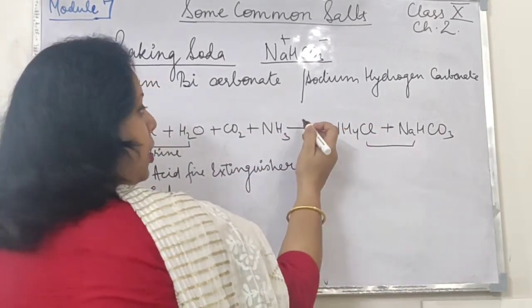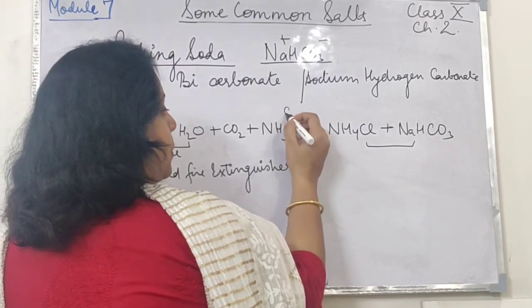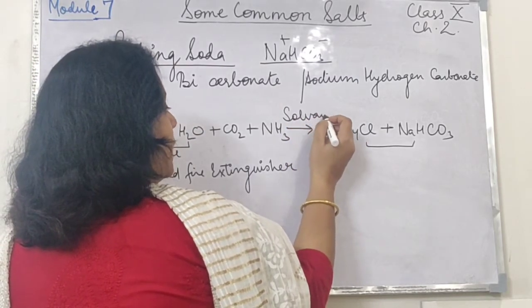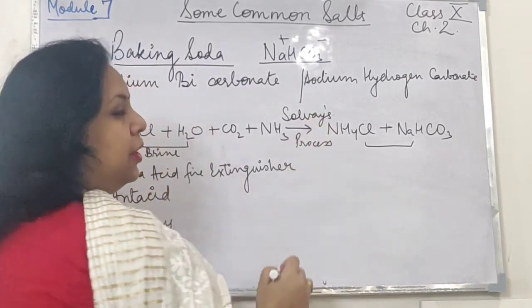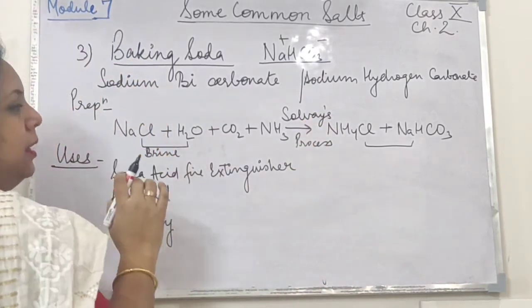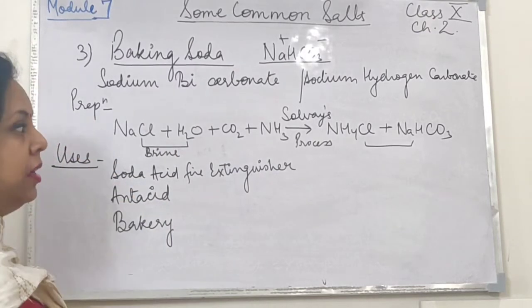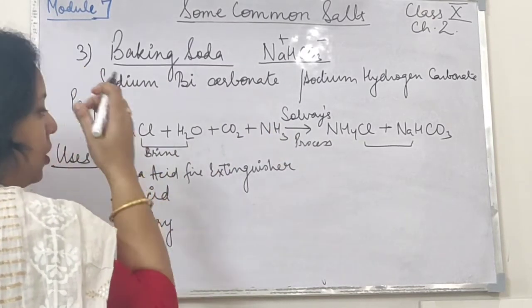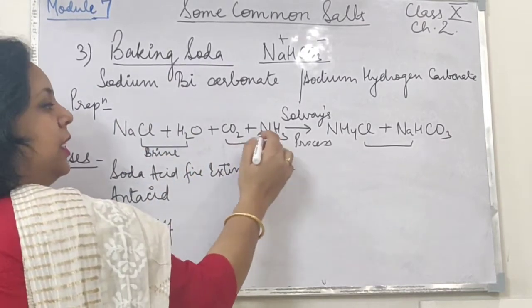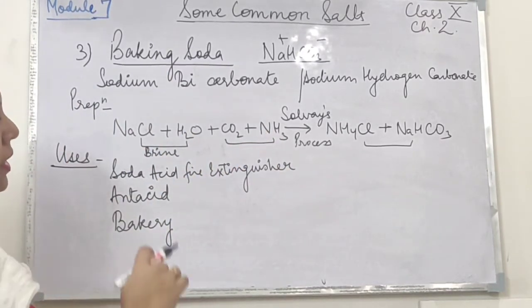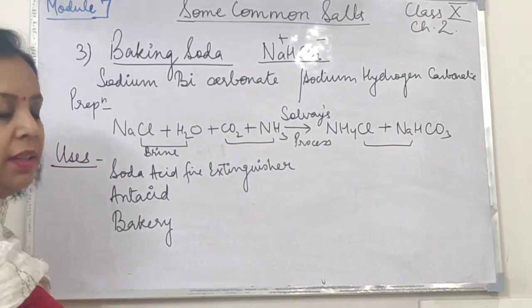So this process is known as Solvay's process. However, this name is not there in your syllabus, but this equation is very important because of the use of brine and the use of these two gases. Now children, there is only one reaction that we have to study in this topic.